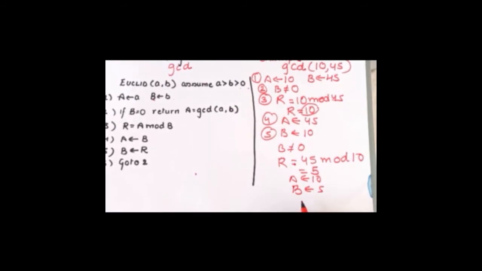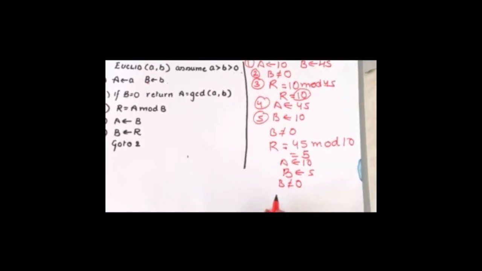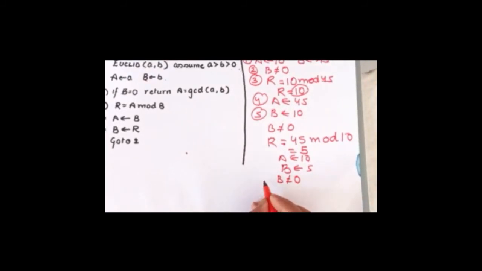I'll be again going to step number 2 and finding out my B is still not equal to 0, and since it is not equal to 0, I'll be moving ahead to find out R is equal to A mod B, which is 10 mod 5.